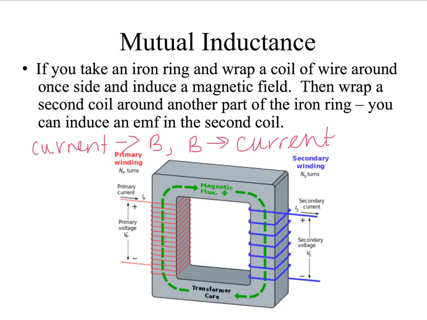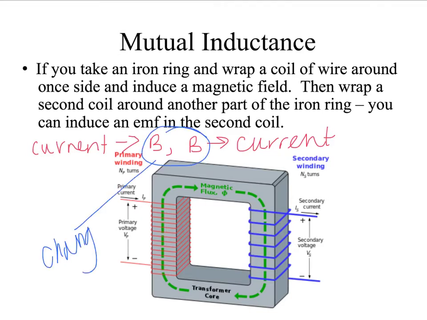One of the key things to remember here is that when we do this, the magnetic field needs to be changing or the wire needs to be moving. So what that means is, because we can't really move this wire in relation to this field, this magnetic field needs to be changing. So this B field here needs to be changing.